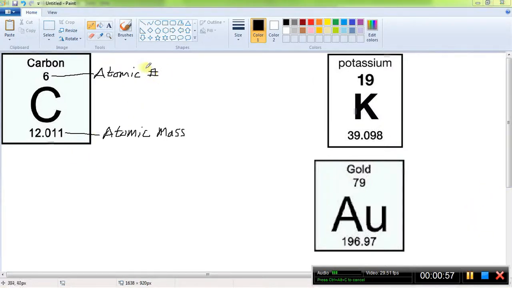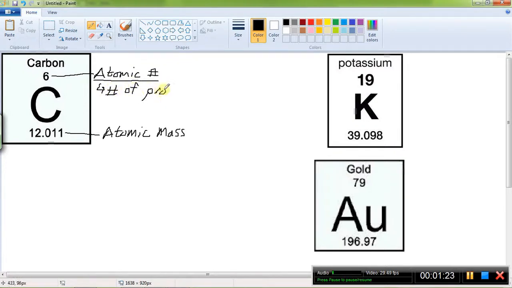Starting off with the atomic number right here, this is the number of protons that an element has. So for carbon, this is always the same. The atomic number will always be 6. Every single atom of carbon in the world has the atomic number 6, and that's just the number of protons that any given element has. So carbon has 6 protons.